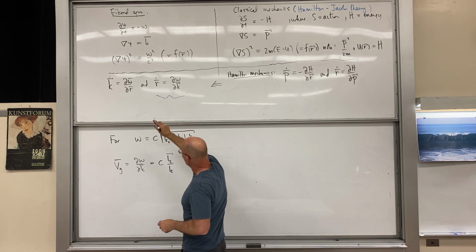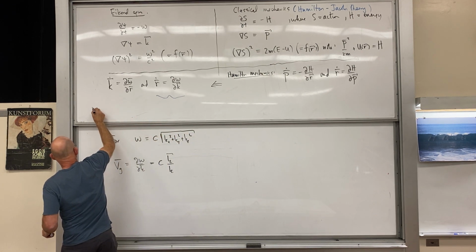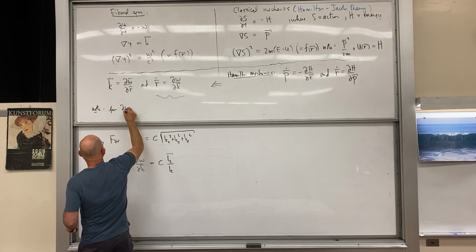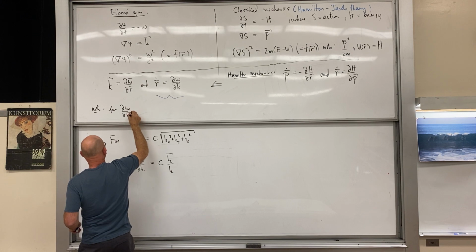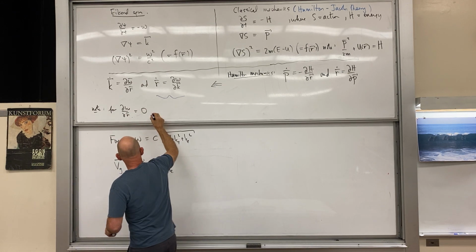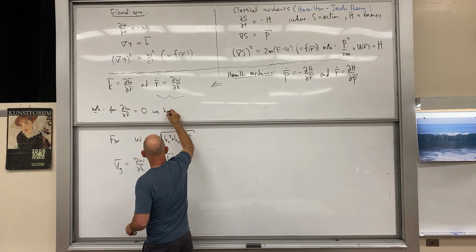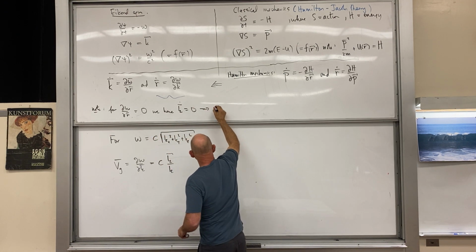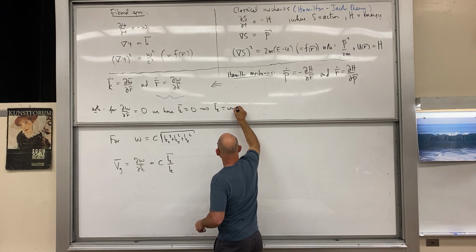So we can also note, I just said it, but I'll write it under there. Note: for d omega dr equals 0, we have k dot equals 0. That means k equals constant.